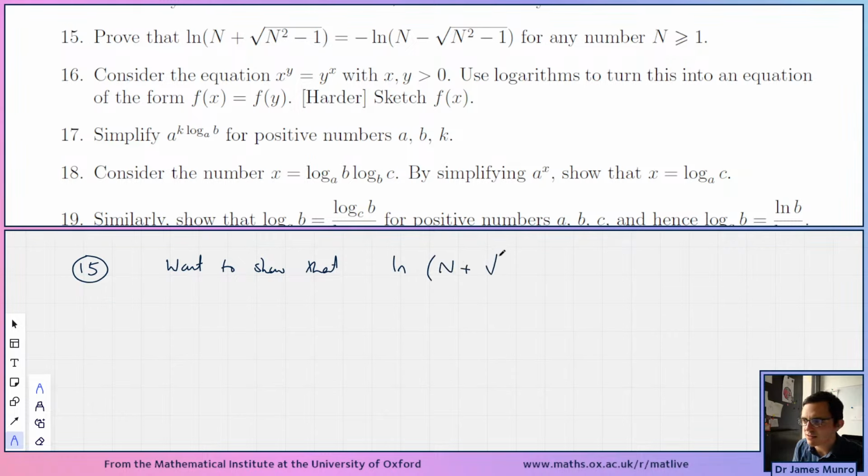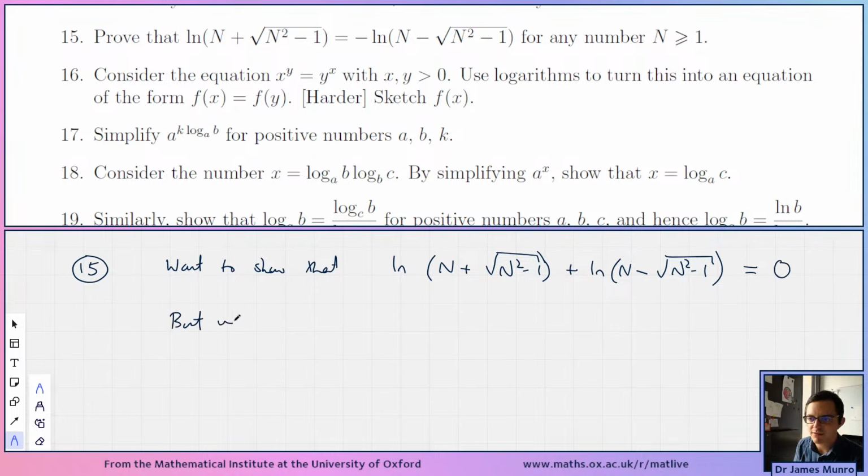The minus sign makes me think that it might be nice if we moved stuff onto the left-hand side. And then I have to get all my minus signs right. Okay. We want to show that this is equal to 0 if I add these things together.